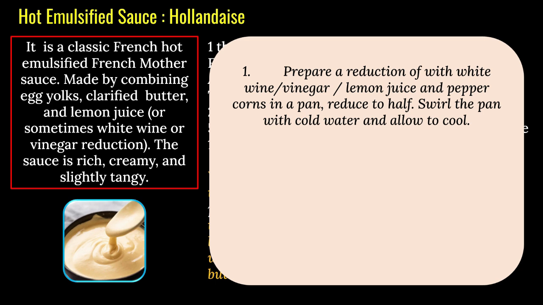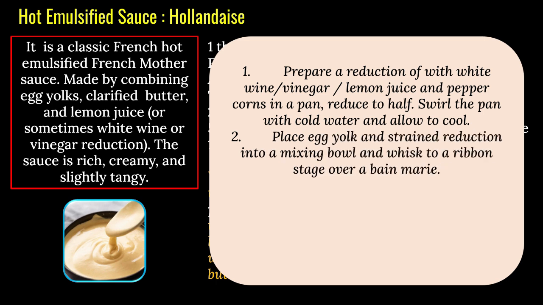There will be bubbles, there will be some evaporation, and the mixture will be reduced. To what extent? Half, maximum. Then swirl the pan with cold water and allow to cool. You remember in the recipe we mentioned in the beginning 1 tablespoon of cold water. So take that cold water, put it in the pan, swirl it, and then put it to one side to cool down the temperature.